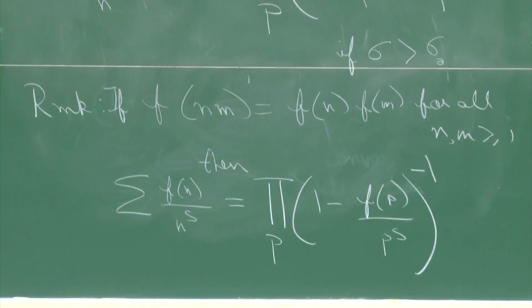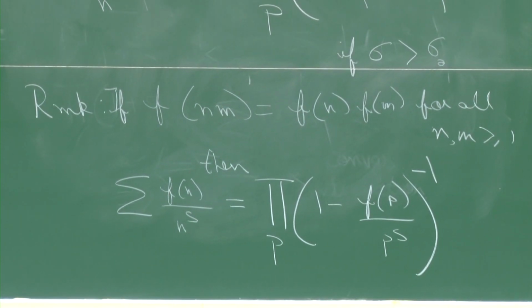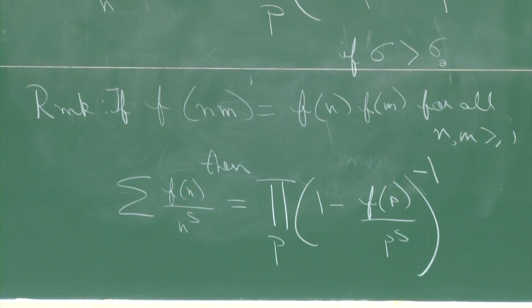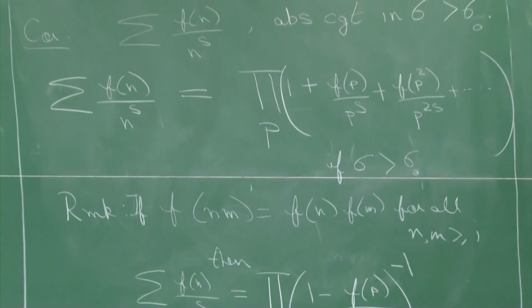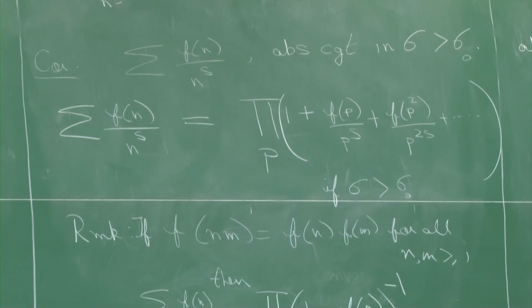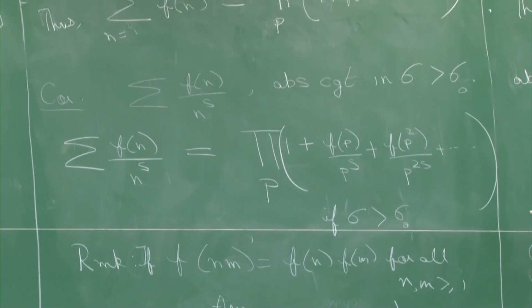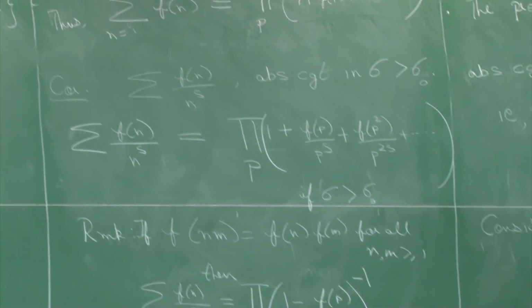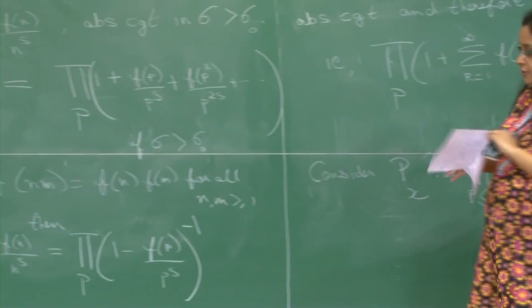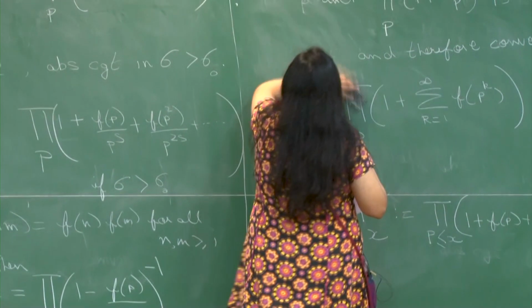In particular, the most immediate completely multiplicative function that we can take is that which is just equal to 1 everywhere, and in that case your corresponding Dirichlet series is the zeta function, and you have a corresponding Euler product for the zeta function.